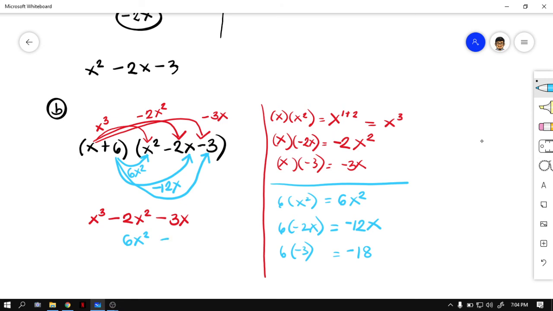And then, minus 12x minus 18. Okay? And then, you will add this. Bring down negative 18 kasi wala naman siyang katapat. And then, negative and negative, that means you have to add. But the final sign will still be negative. 3 plus 12 is 15. And then, copy x.